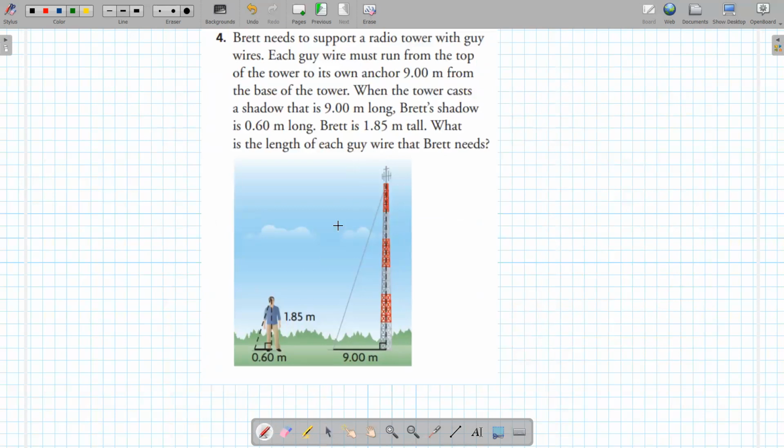So he's trying to support a tower with a guy wire, which is just like a metallic wire. So we're given the diagram. What is the length of each guy wire that Brett needs? So we're looking for this. This is the wire here.